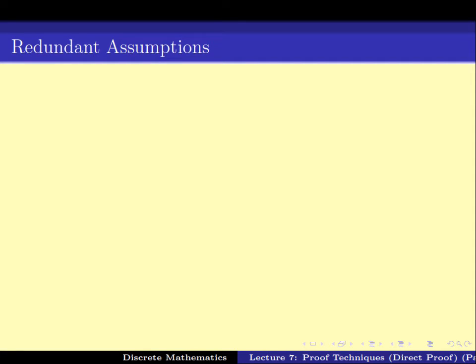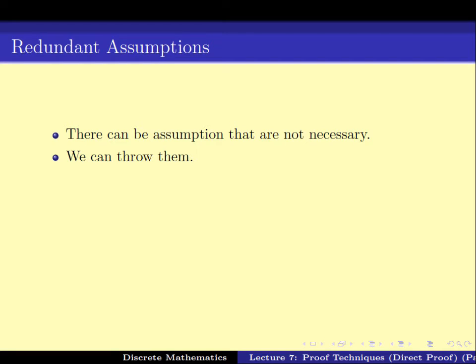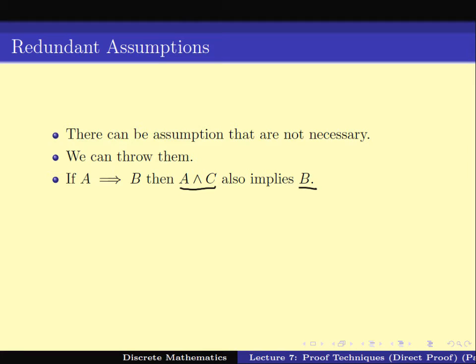Now, there can be a lot of redundant assumptions also, and those can be cleaned up. In other words, there can be many assumptions that are not necessary, that only make the problem more complicated. So if we can throw them away, that will of course help us in simplifying the problem. So in other words, if I have to prove A and C implies B, but I can already prove A implies B, that means this C is a redundant assumption.